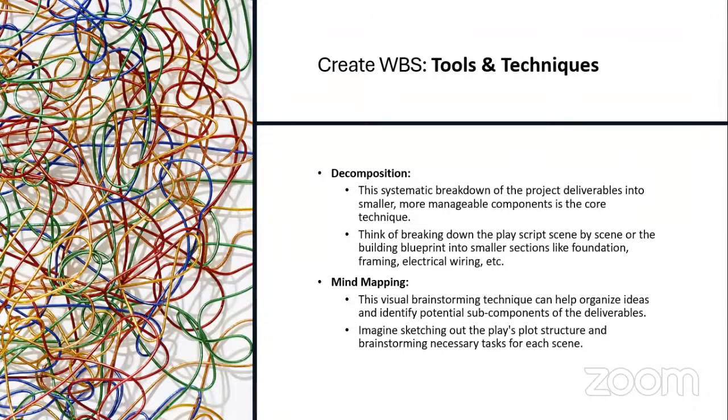Okay. Then you have mind mapping, which is a visual brainstorming technique that can help organize ideas and identify potential subcomponents of the deliverable. Sometimes all you need to do to take care of a project breakdown is to close your eyes and visualize the project.